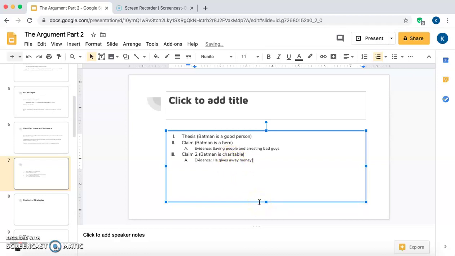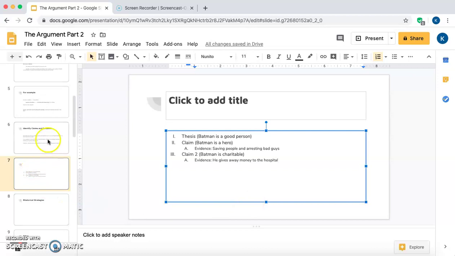We need to know, at the very least, where he gives his money, because then we can fact check as readers, then we can double check and see what you're talking about. So that's something that I realized just writing up this quick example that I really wanted to focus on, because this is a very important topic, a very important thing to discuss.